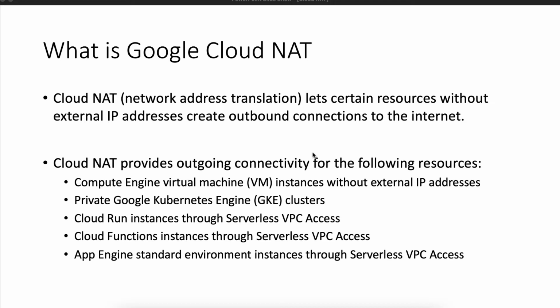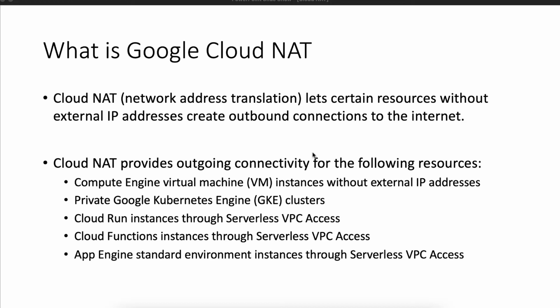So basically NAT lets you access the internet from certain resources. When I say certain, I mean infrastructure as a service resources, like your virtual machines, or in cloud you have cloud functions, or your Cloud Run services, all those things.